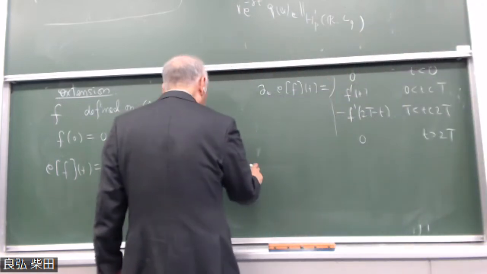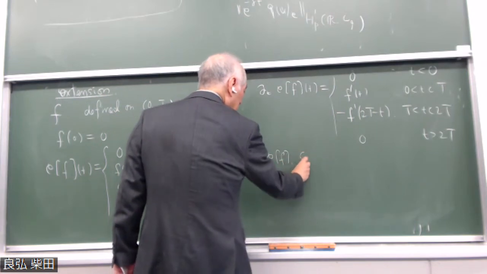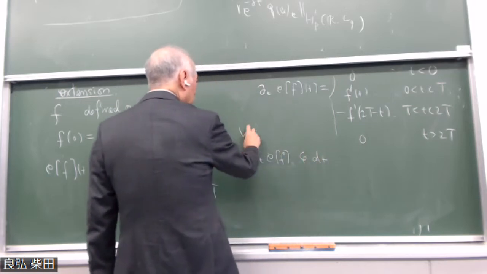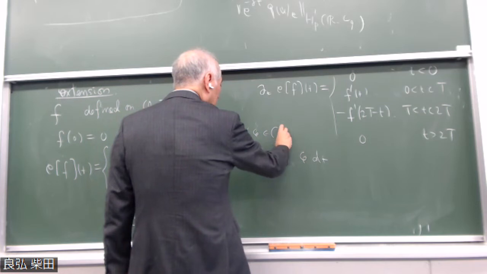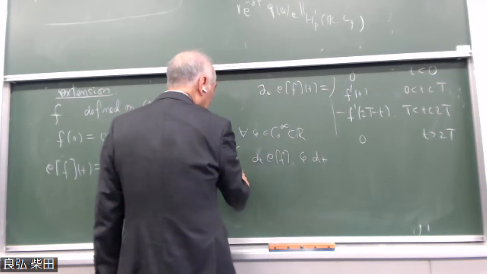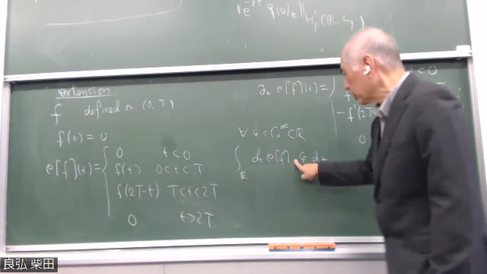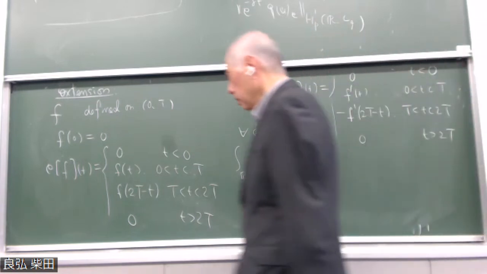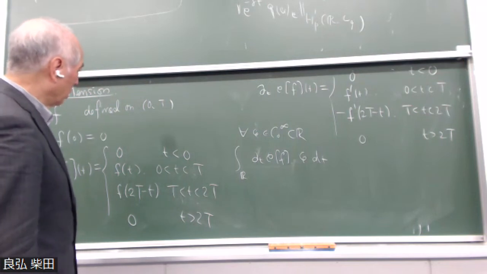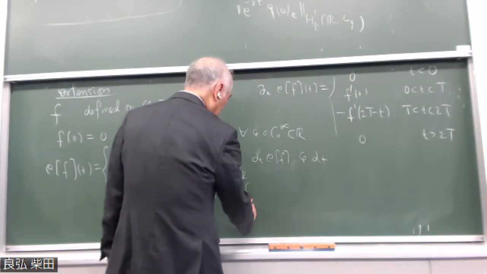Distribution sense means that you take a test function phi in C0 infinity of R, and then you consider the distributional derivative, meaning you consider this one.